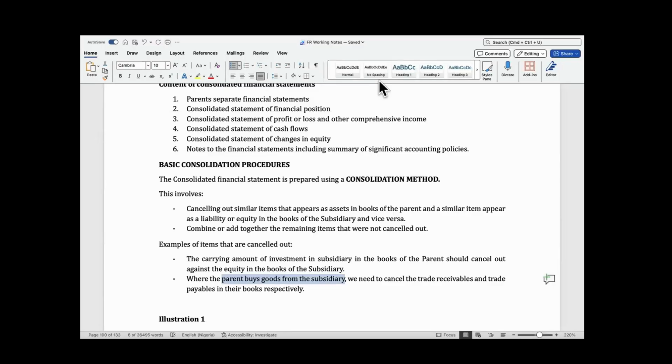And for equity instruments, when you invest in those instruments, either you are having investment in subsidiary, investment in associates, or equity investment or financial asset.